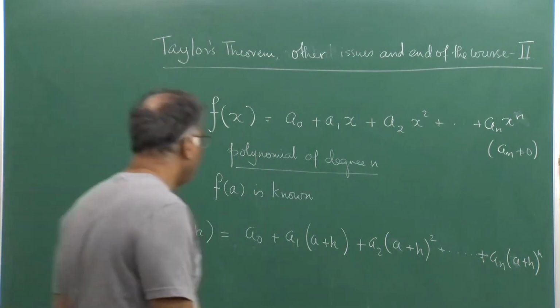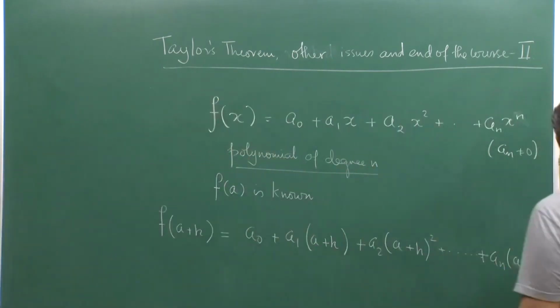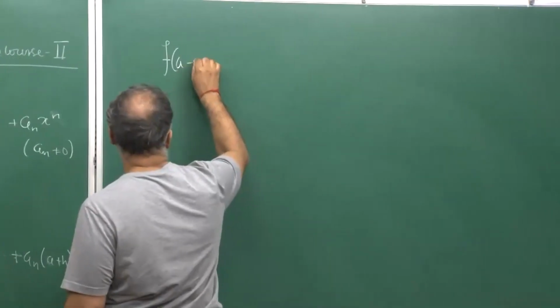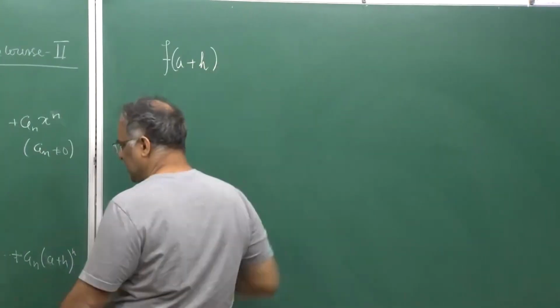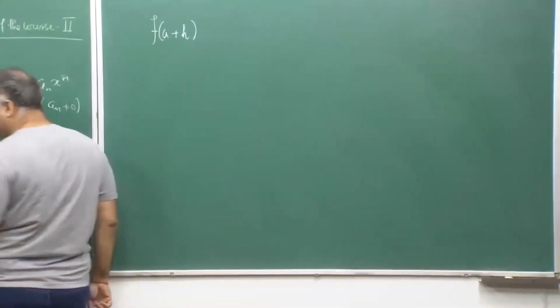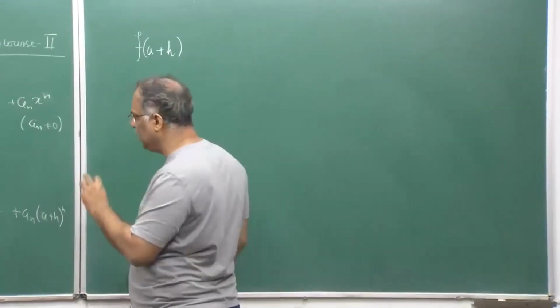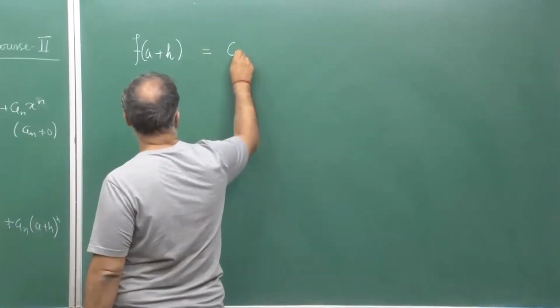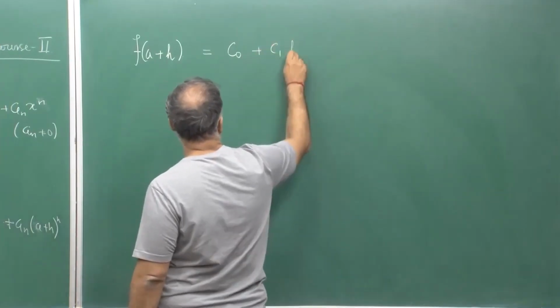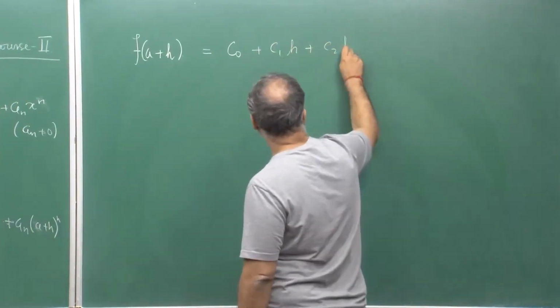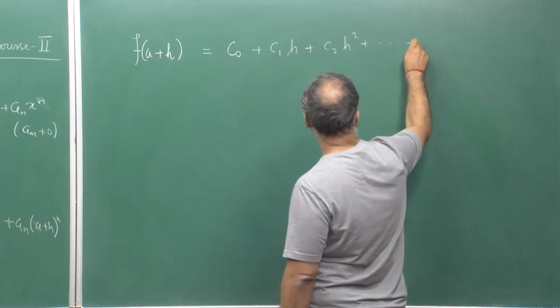So, Taylor said, okay, ultimately this would happen. Because a is fixed, it is going to become a function of h, a polynomial in h. So, it is c0 plus c1 h plus c2 h squared up to cn h^n.